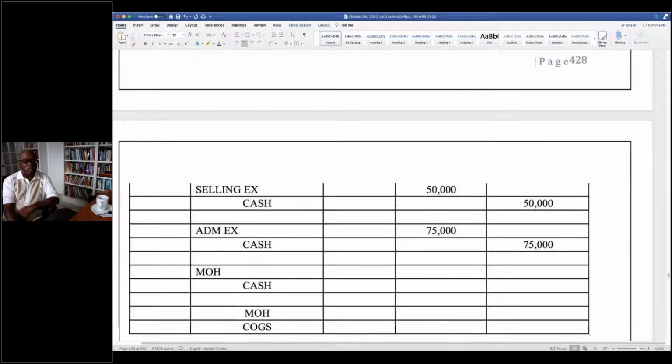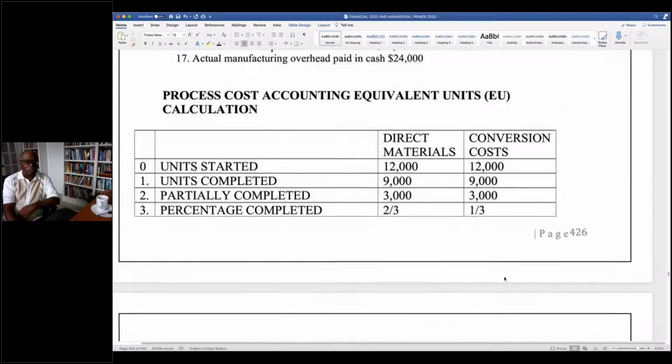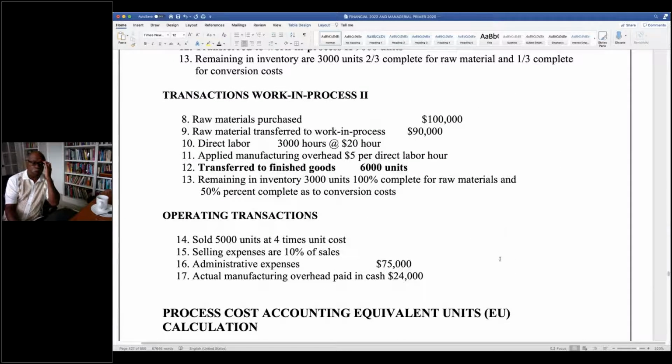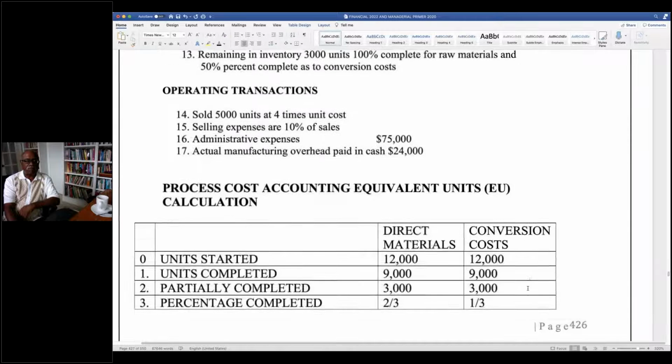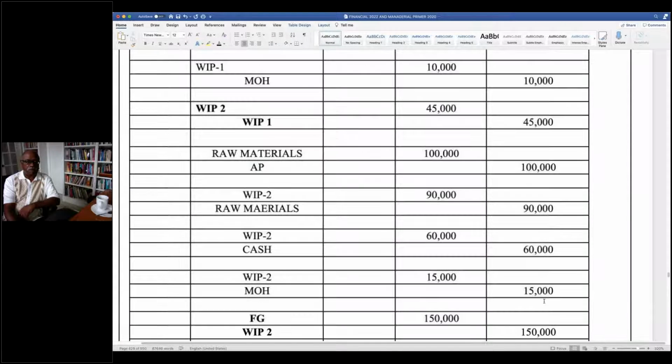Okay, what's our next entry? Now if we go up to the chart, it tells us what our actual manufacturing overhead was. It was 24,000. So we're going to go to the T chart and compare that to our applied manufacturing overhead.